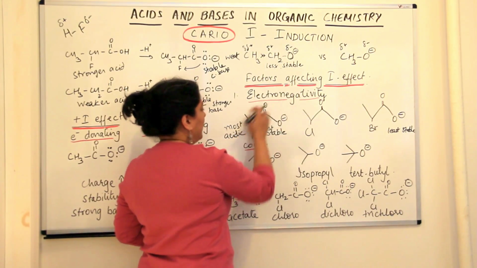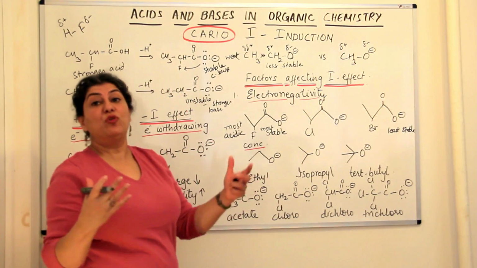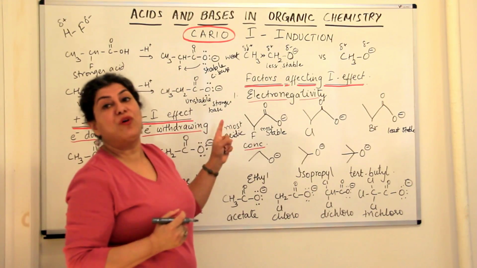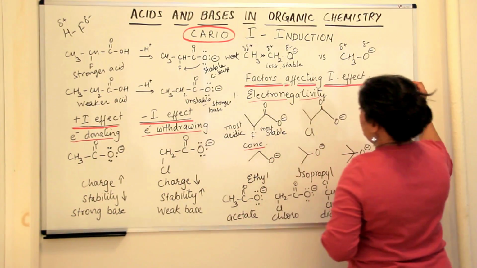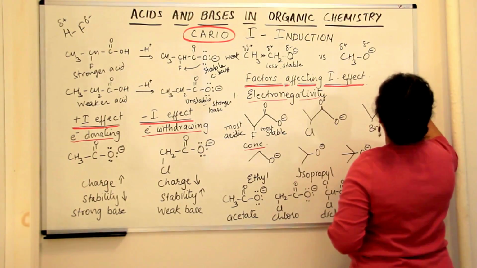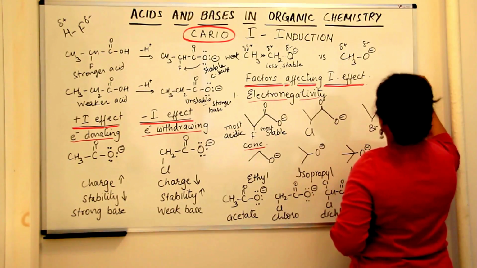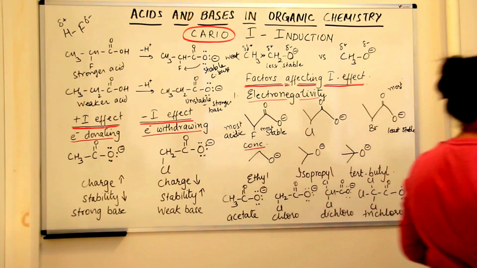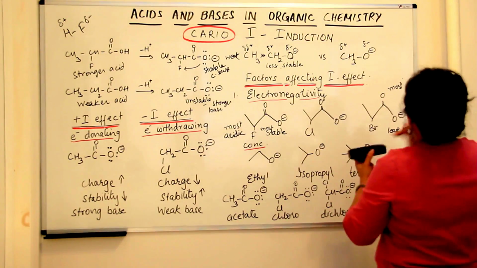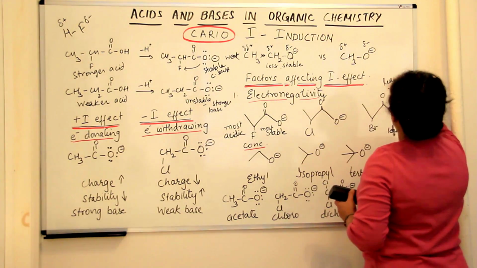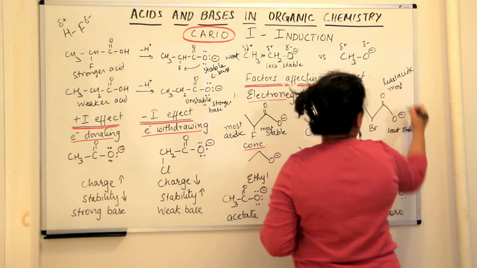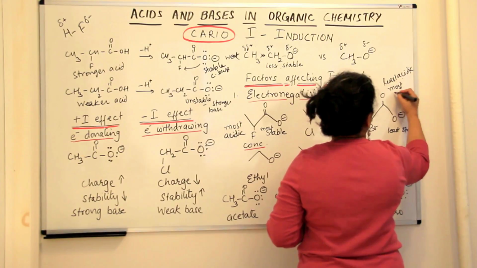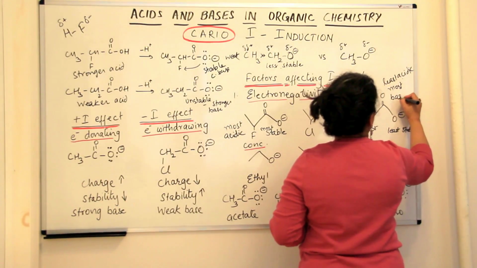Right? Because the product, which is the conjugate base, is most stable, it would not like to reform the acid. And since this is the least stable, this would be the most basic, this would be the least acidic. And the base, of course, if this is least stable, it is the most basic.